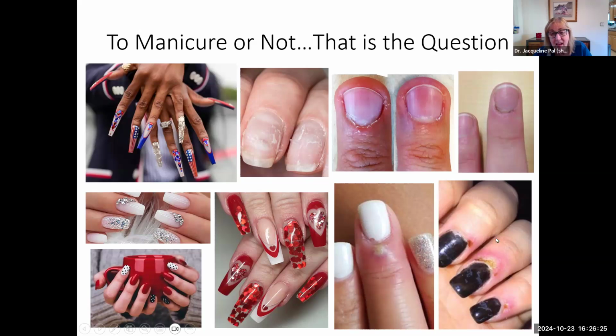And yes, you could end up with such bad infections, you could end up losing nails, nail beds where no nail ever grows back, and or entire fingertips. So, ladies and gentlemen, think about that before you let people and cheap places touch your fingernails.